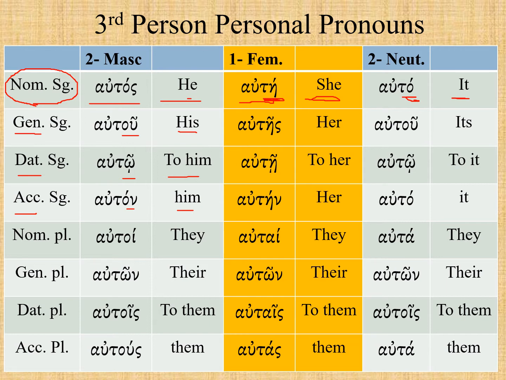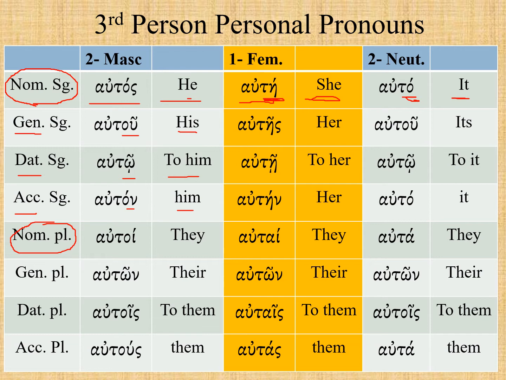So again, you can see that the endings of the word autos are identical to the word logos: logou, logo, logon. So autos, autou, auto, auton. And the same also applies to the plural forms.